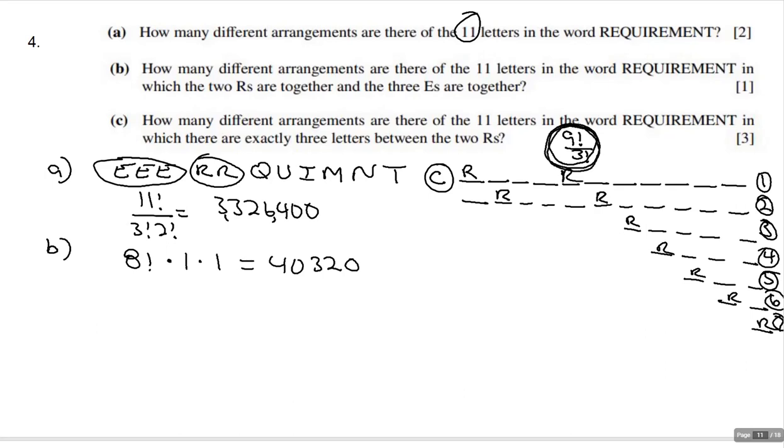Nine factorial divided by 3 factorial, right? So if I take 9 factorial divided by 3 factorial and multiply it by 7, that's going to give me the number of ways this can happen. Does that make sense?